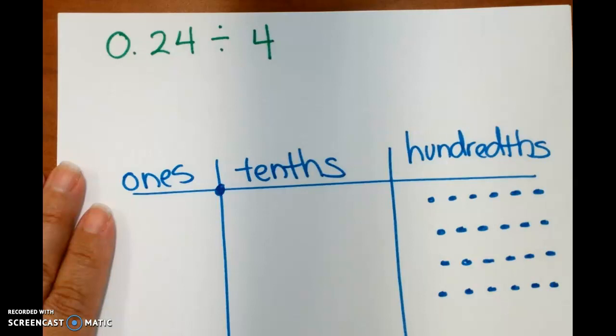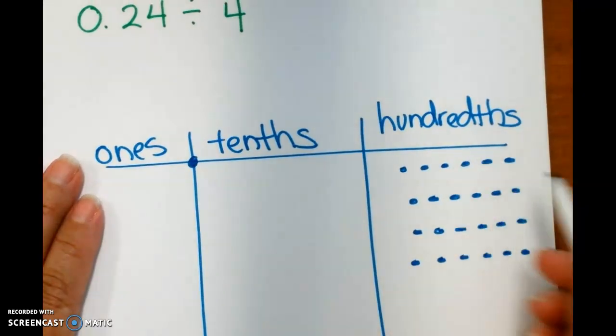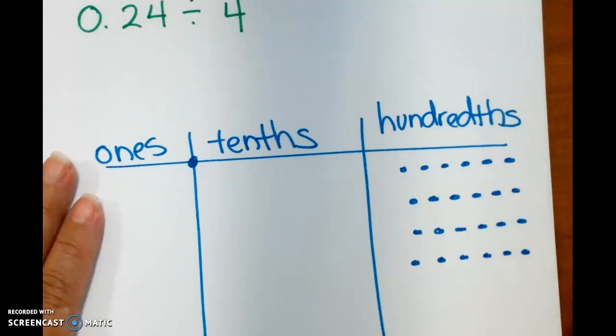I have 24 hundredths, and I'm going to put them into 4 groups. Or I could put them into groups of 4. What do you think? Which way should we do it? Let's do 4 groups.